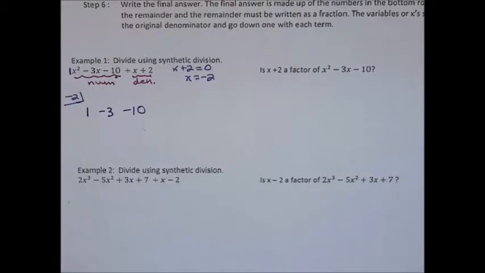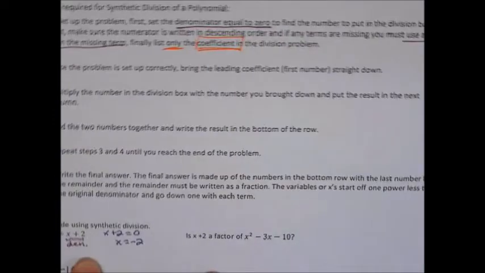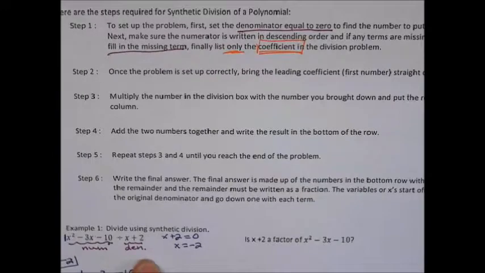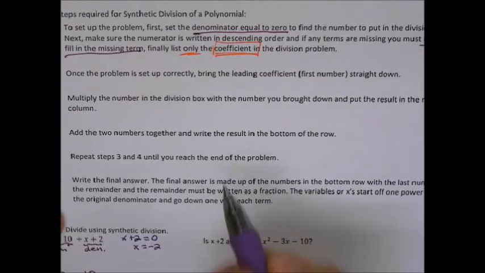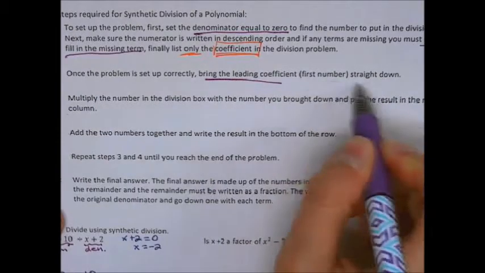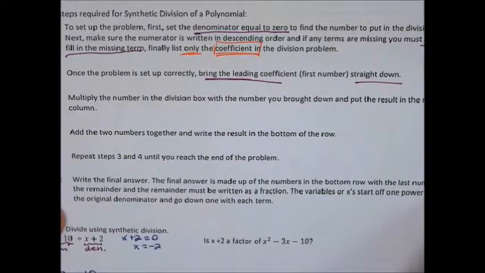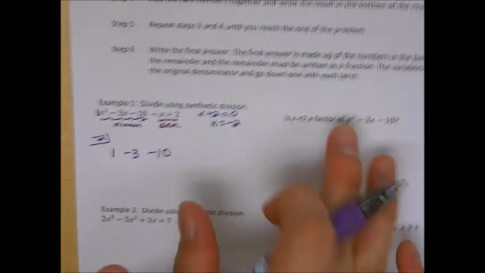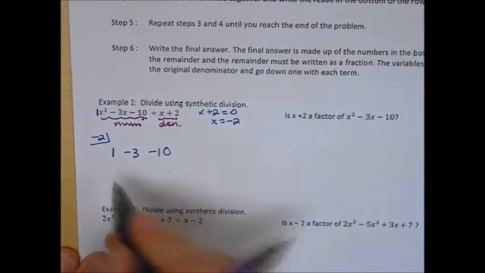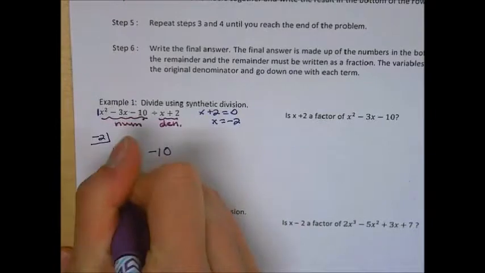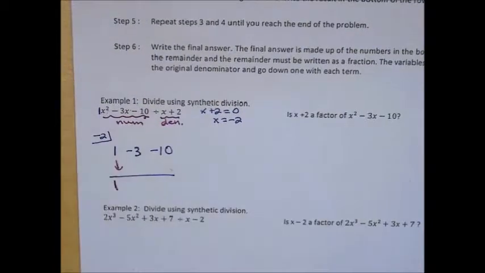Let's go ahead and read step 2. Once the problem is set up correctly, bring the leading coefficient straight down. The first number, straight down. Okay? Well, here, that means I'm going to draw a line, and we're going to bring 1 straight down.